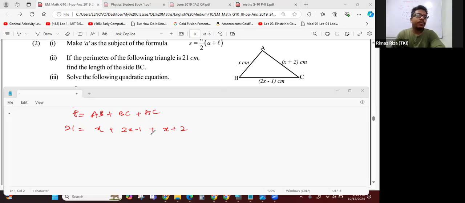Right, now we have to simplify this and find the value of x. So 21 equals, I can take this plus 2 to the other side and minus 1 also to the other side. So 21 plus 2 comes to this side as minus 2. Minus 1 comes to this side as plus 1.